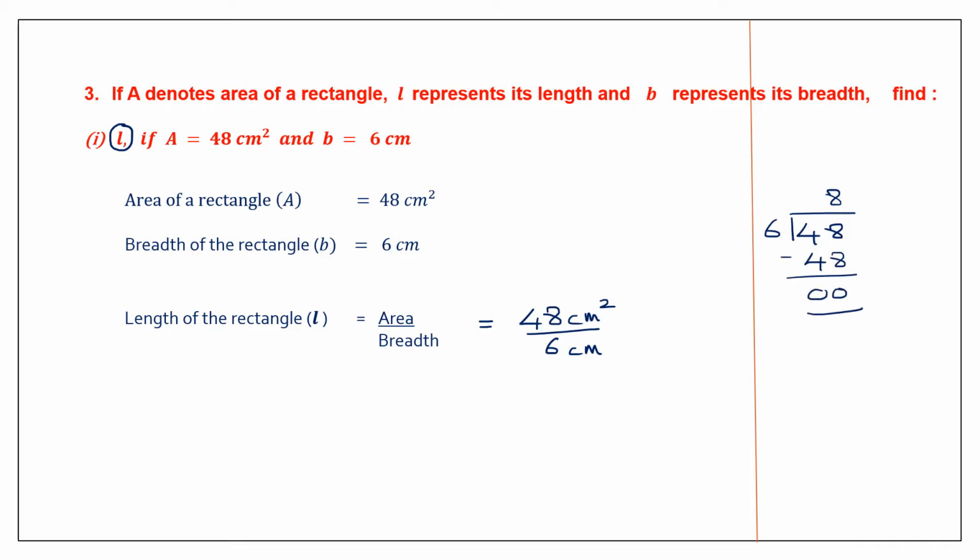So we've got 8 here, and since it's the length, it is 8 centimeters. So length will be 8 centimeters. So this is our final answer. We've been asked to find the length and we have found it to be 8 centimeters.